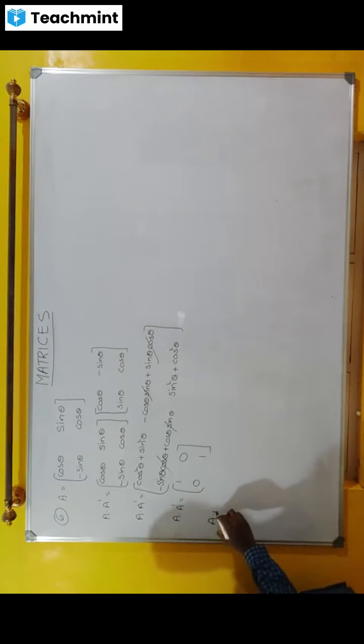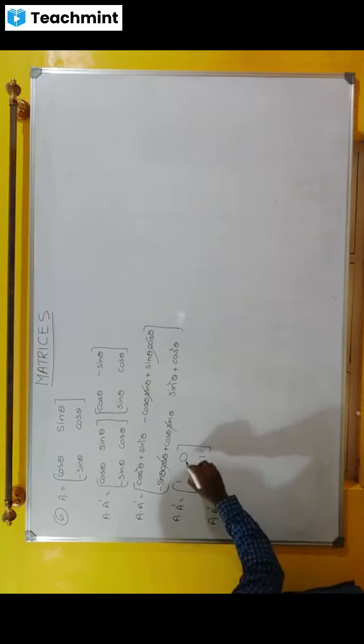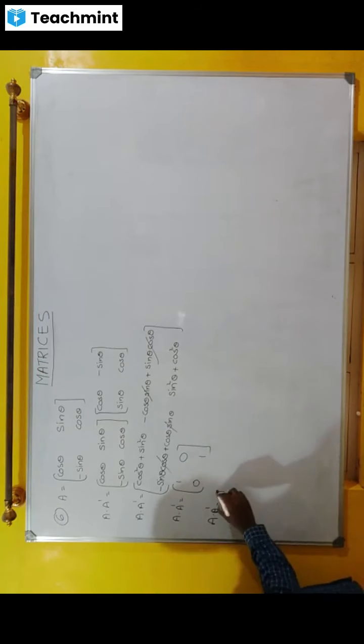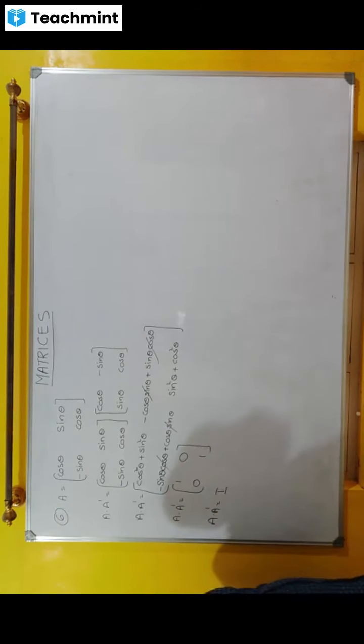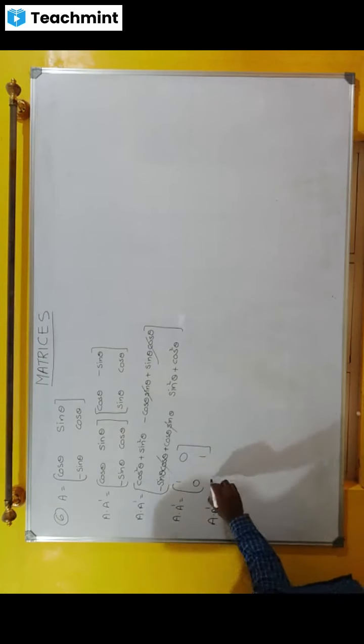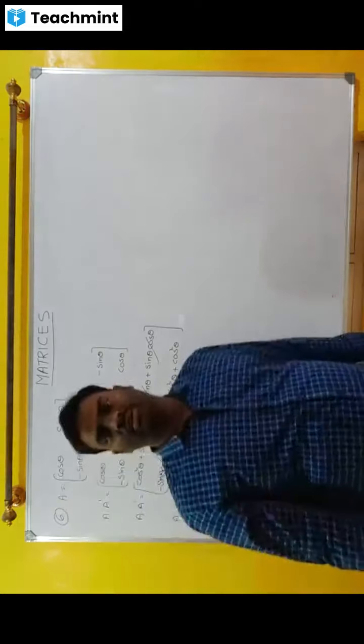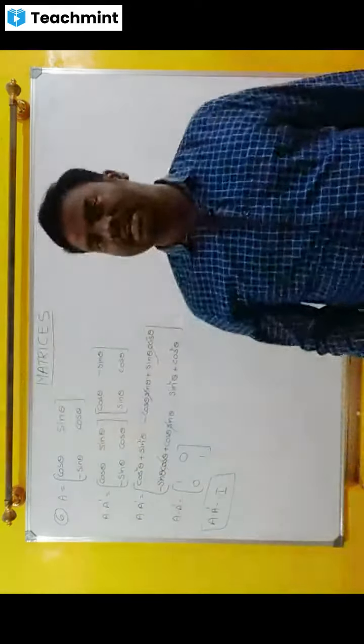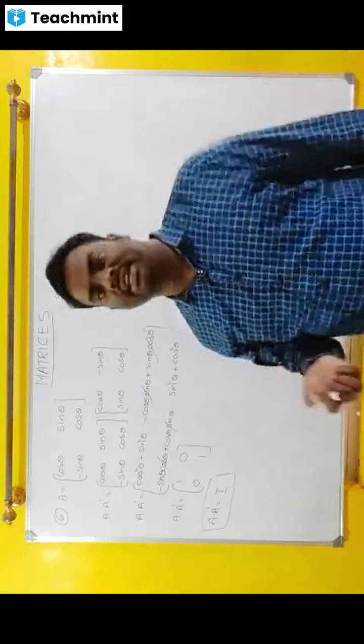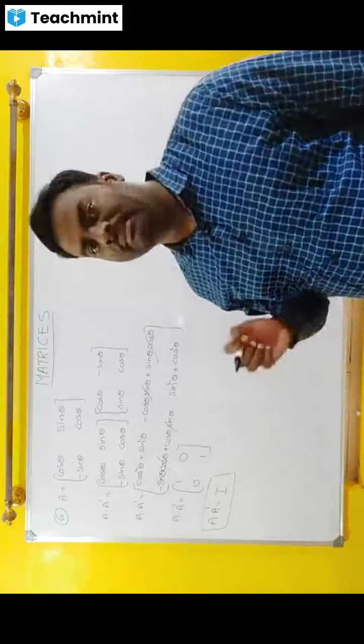Then A into A dash is equal to 1, 0, 0, 1, which is nothing but which matrix? Identity matrix. So finally what we got? A into A dash is equal to I. That is the answer. Therefore the final answer is the identity matrix.